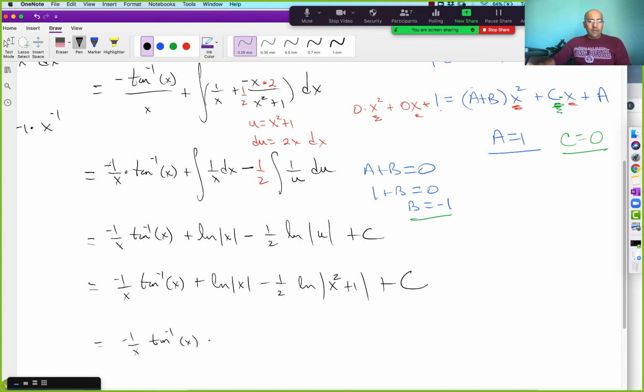Tangent inverse of x plus ln absolute value of x, plus ln absolute value of x squared plus 1 raised to the power of negative 1/2. I'm going to raise it up to the exponent. Remember, that's one of the properties of logs. I can take the little exponent and move it out in front, or I can put it up in the exponent. I can go back and forth with it.